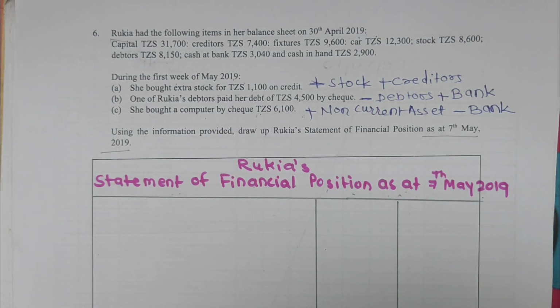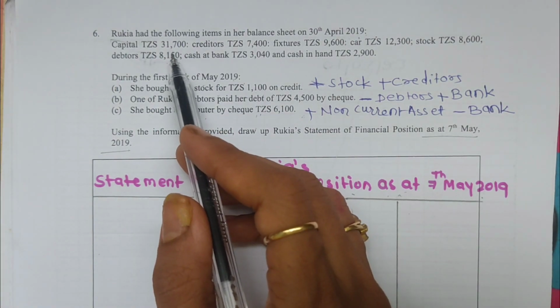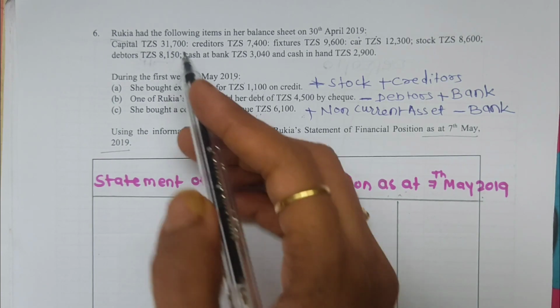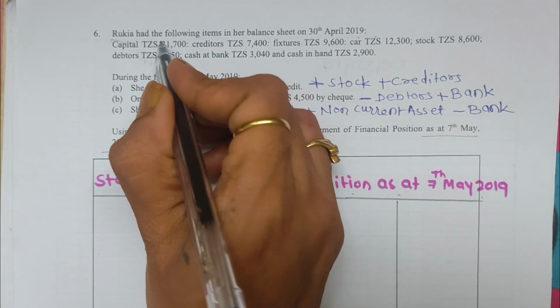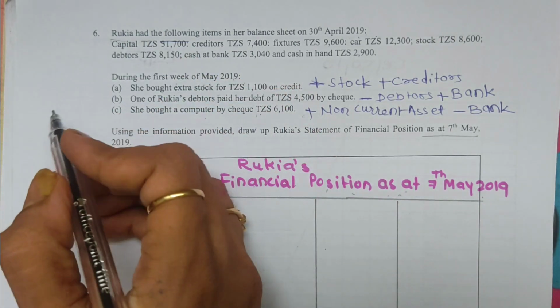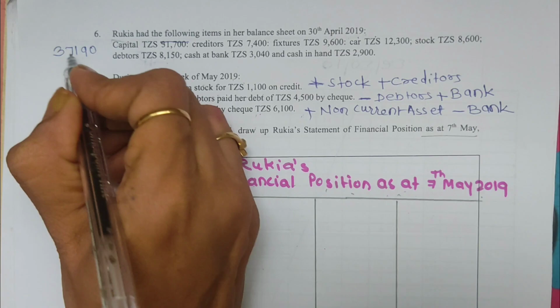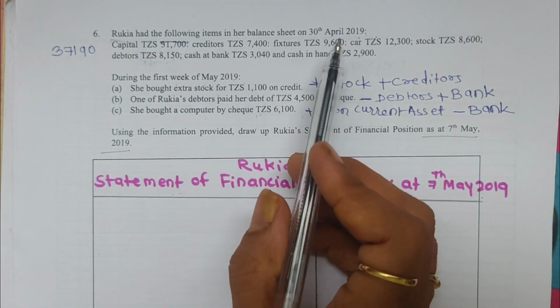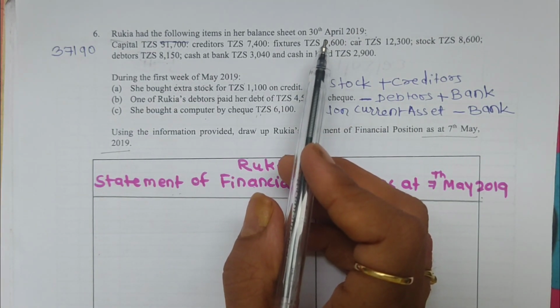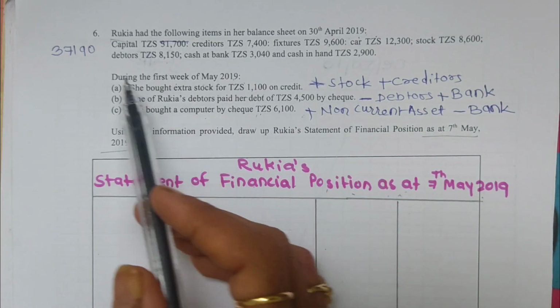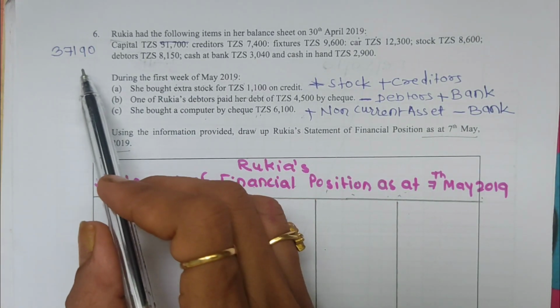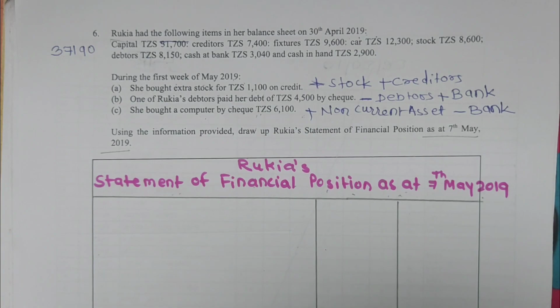Now students, one correction you have to make in the question paper, this capital amount 31,700, it is not 31,700, there is a mistake, it is 37,190. When we make total of these balances for assets and liabilities, capital, then we come to know that there is some difference of 5490.